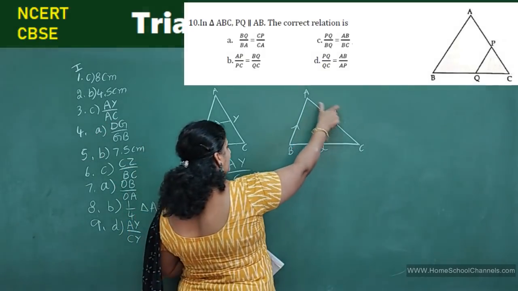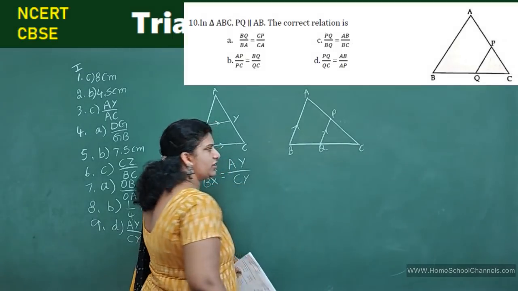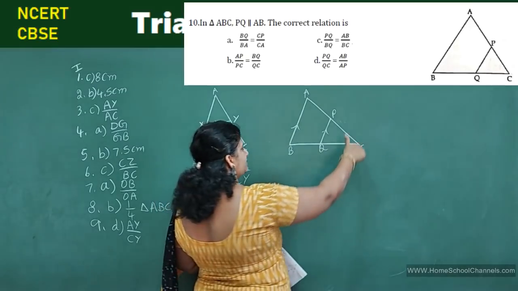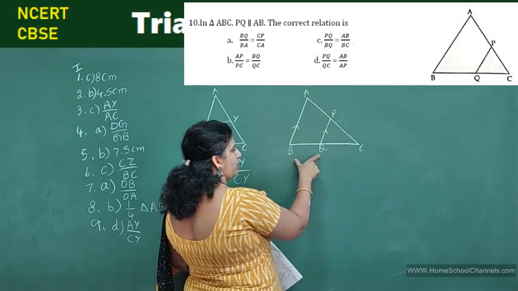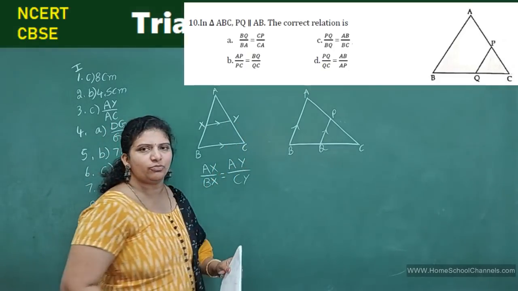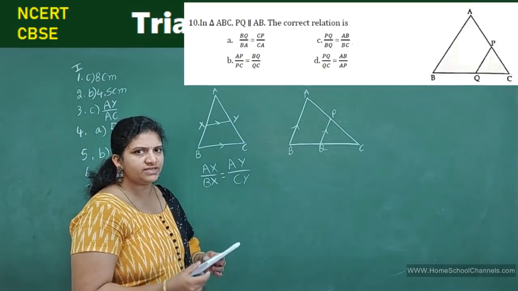Option B, AP by PC is equal to BQ by QC. Yes, this is the right answer. Either you may say CP by AP equal to CQ by BQ, or AP by PC is equal to BQ by QC. Both the ratios are correct.